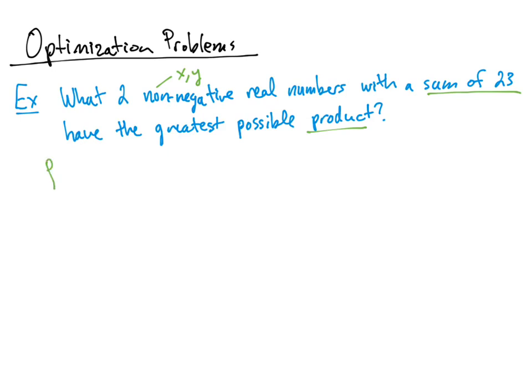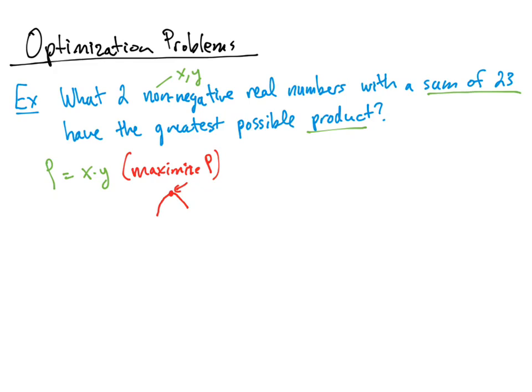So we want to say the product p is x times y, and we want to get p as big as possible. In order to do this, we want to see when this function has a local max. In other words, we're going to find this point right here.